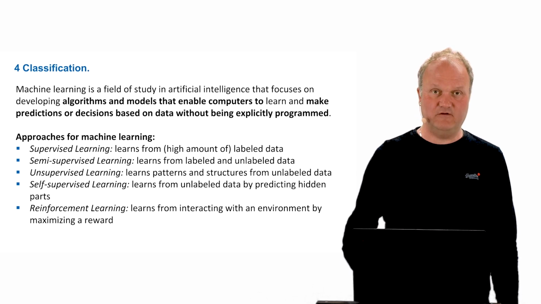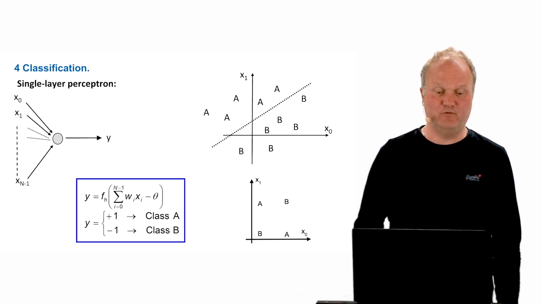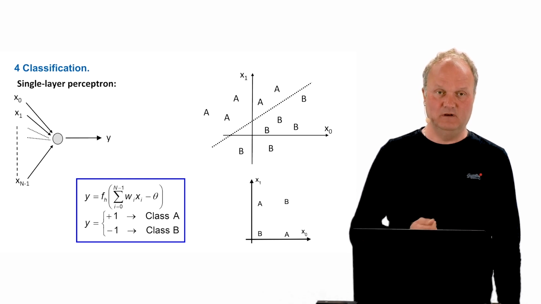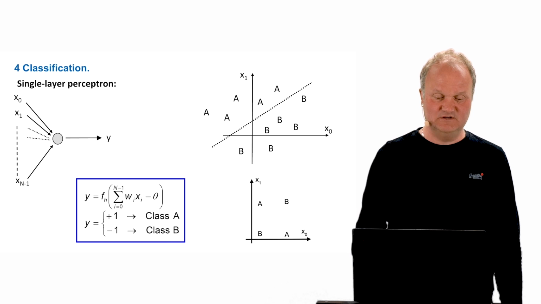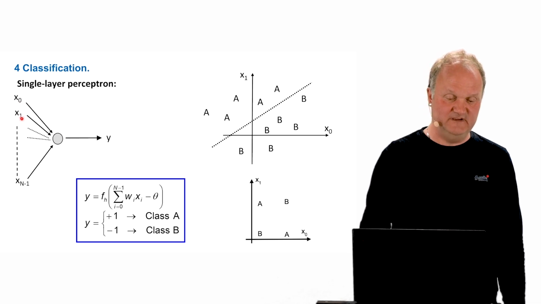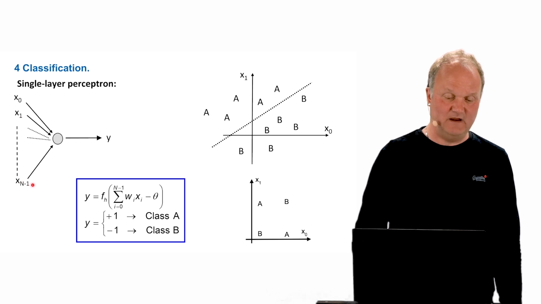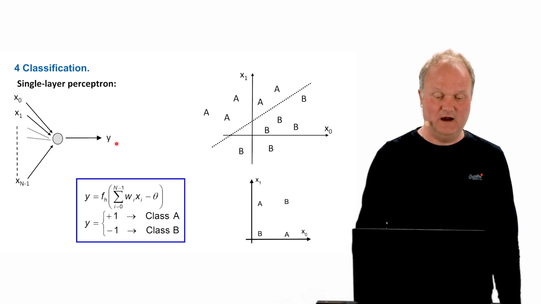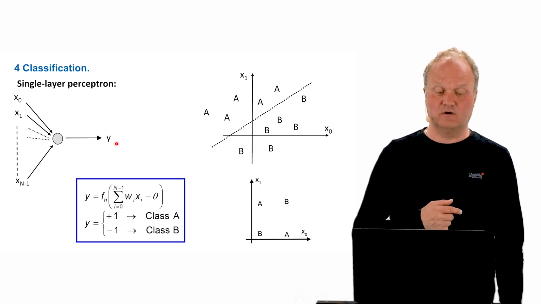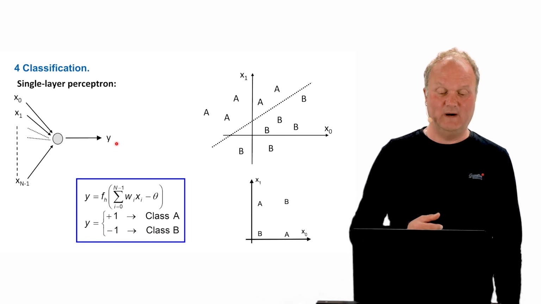And we'll start with a very simple principle which is called a perceptron. A perceptron is in principle a very simple linear classifier which allows you to classify a vector of input consisting of the features x0 to xn minus 1 into an output, and this output can only have two values, class A or class B, +1 or -1.